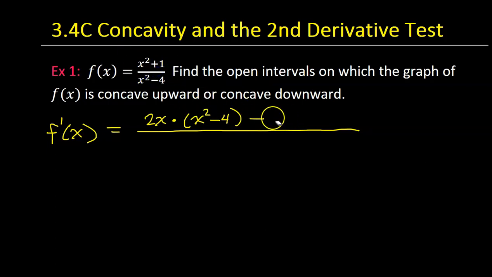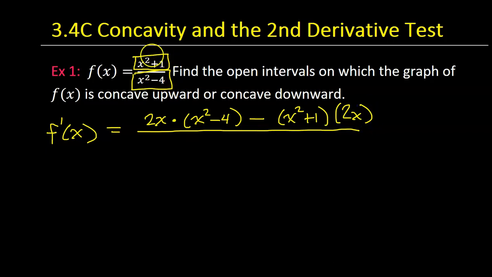All right, so now you switch it up. We're going to do something similar, but this time we're going to leave the top function the same. So I'm going to have my x squared plus 1 unchanged. And the bottom function, I take the derivative. So that's why I'm going to have 2x.